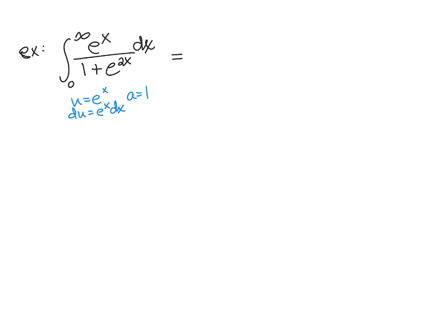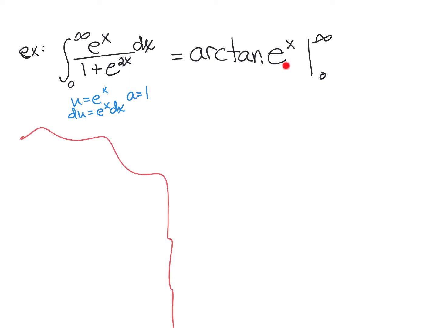So I'm going to get arctan of e to the x over 1. And I have to evaluate this from 0 to infinity. Now, the tangent of some angle is supposed to equal e to the x, with that power going from 0 to infinity.